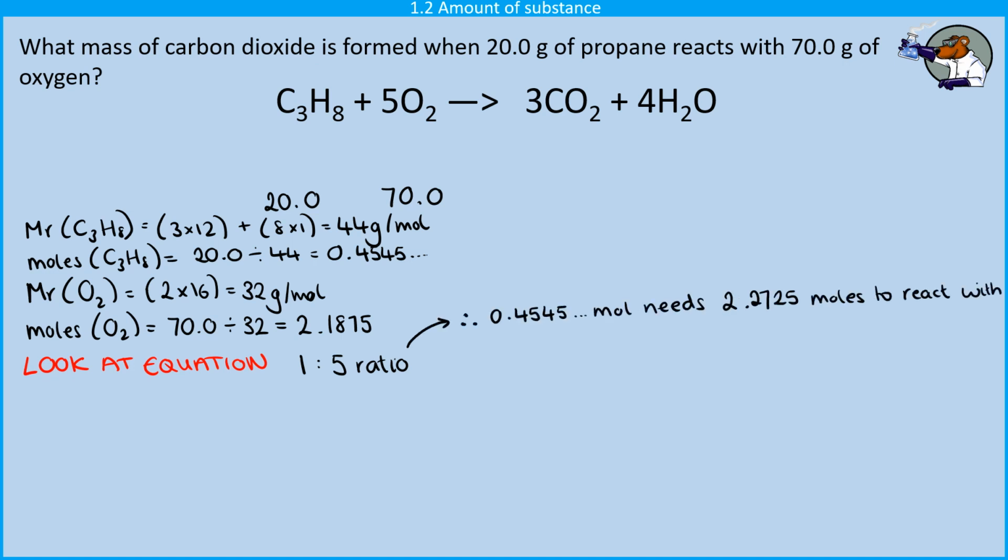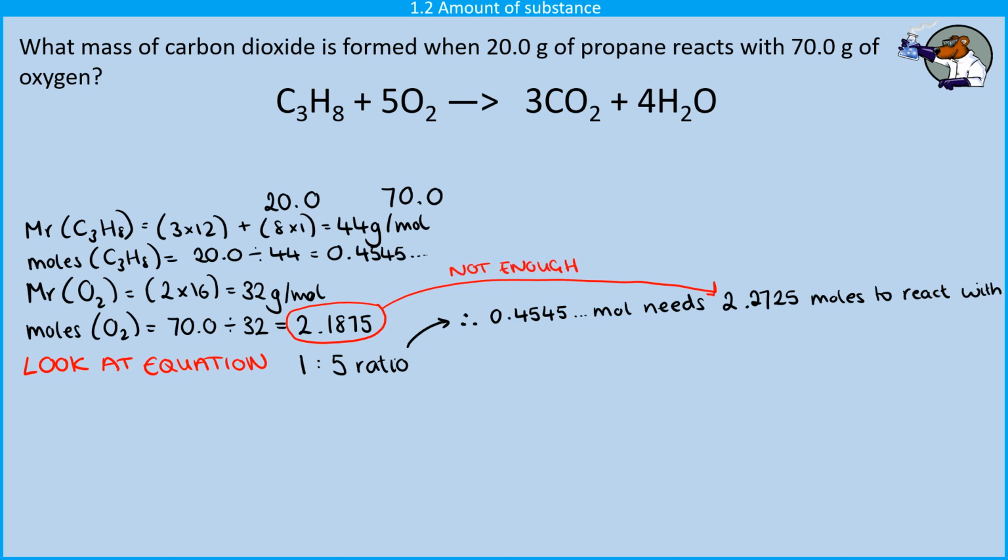So I'm just going to take the propane because I did that first. And if I've got that many moles of propane, I'm going to need 5 times more moles of oxygen. So I'm just going to multiply that number by 5 and say, well, how many moles do I need? And then I'm going to compare it to how many moles of oxygen I actually have.